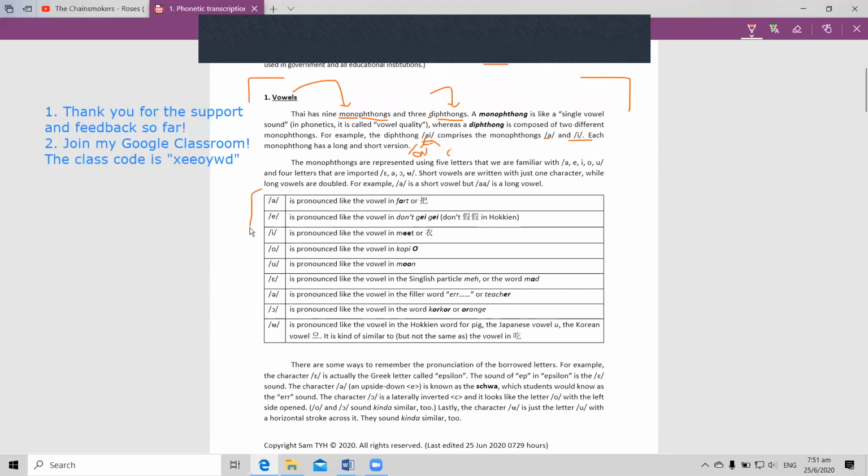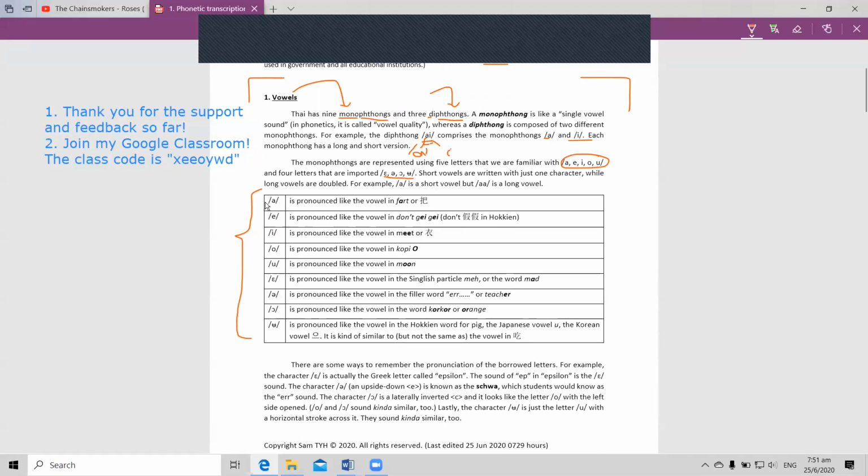The way we represent the 9 different sounds, the 9 monophthongs, is we use certain characters from the International Phonetic Alphabet. You would be able to recognize these 5 characters, A, E, I, O, U, but they're not pronounced as A, E, I, O, U. Okay. And we also use 4 other characters. So let's go through each sound.